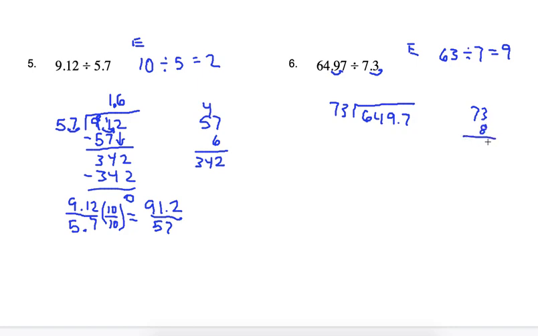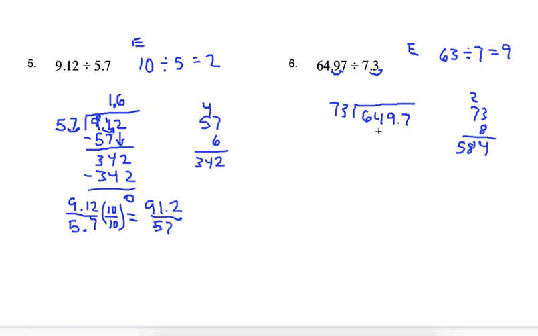So 8 times 3 is 24. Put down the 4. Carry the 2. 8 times 7 is 56, plus the 2 would be 58.